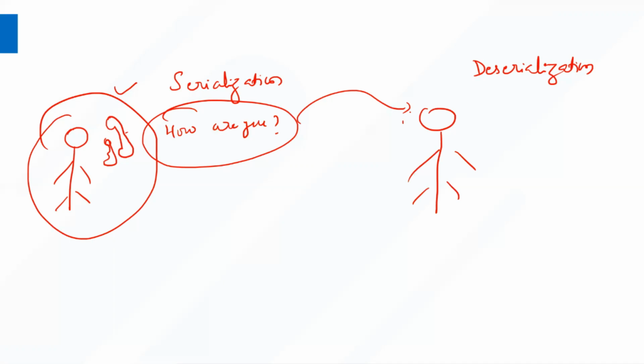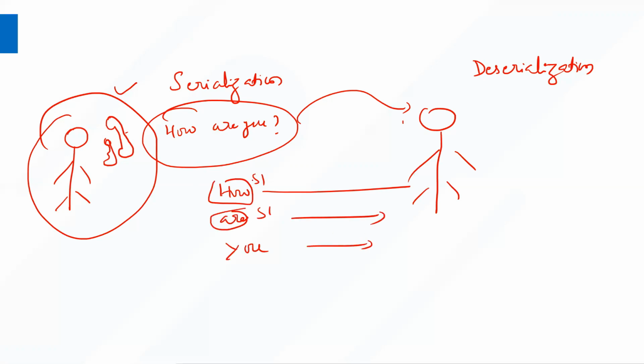Not really. What exactly happens is that the whole sentence is serialized. "How" is sent first, then "are" is sent next, then "you" is sent next. This is packet 1, packet 2, packet 3.